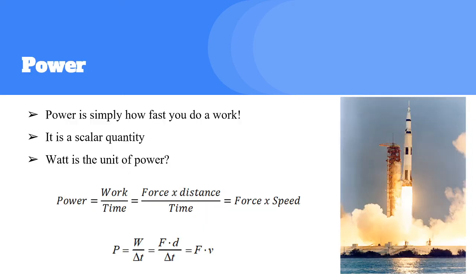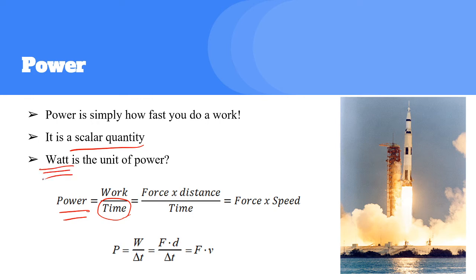And power is another quantity that we need to know. Power is doing some work, yes, but power will include the effect of time. How much work you do in a given time will determine how much power you have. And it's a scalar quantity, so there's no positive or negative, no direction for power.